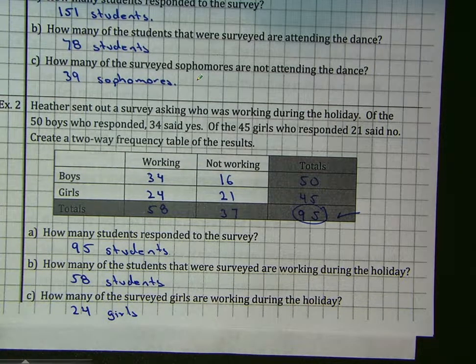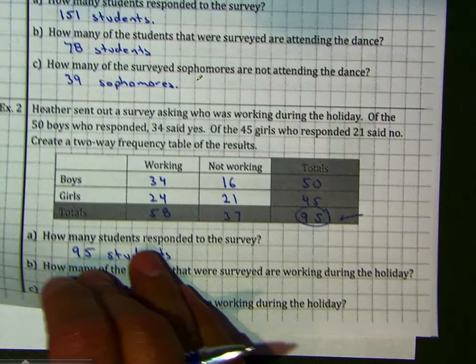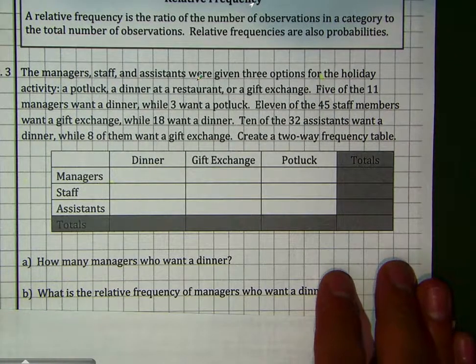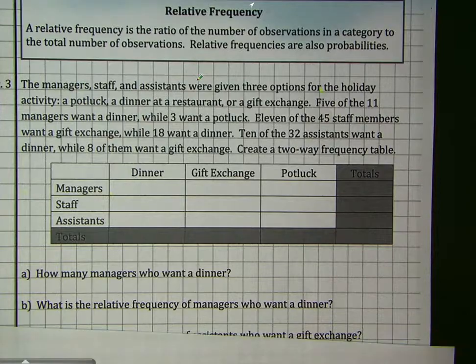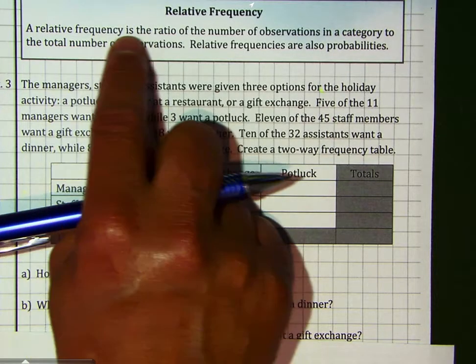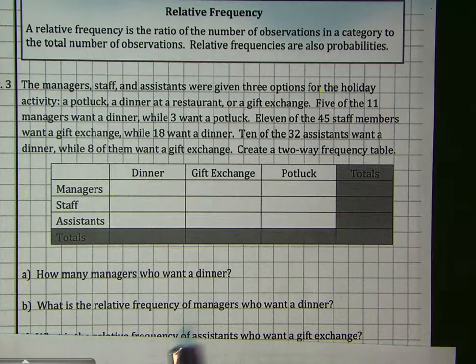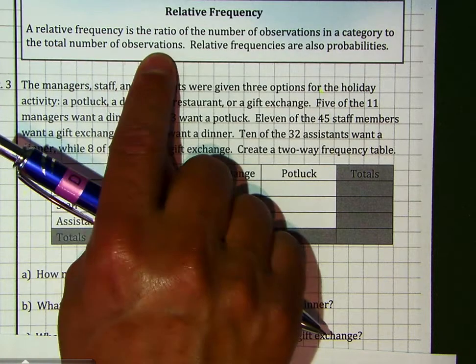Now let's continue to example number 3. One of the things that we are going to cover is something that we call relative frequency. So a relative frequency is the ratio of the number of observations in a category to the total number of observations.